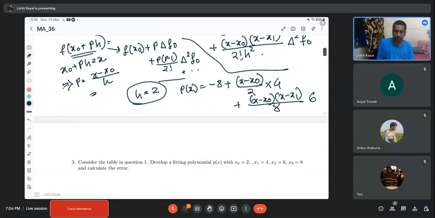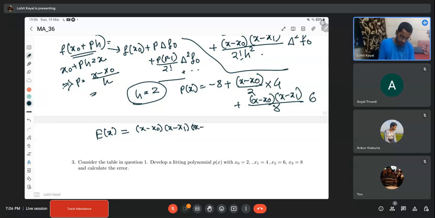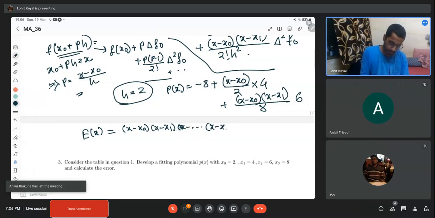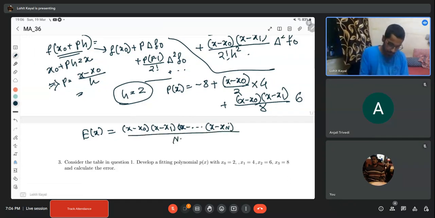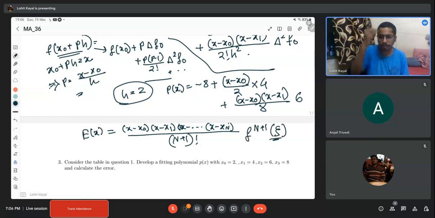Now we need to estimate the error. Suppose the error is E(x), and the expression for E(x) is (x minus x0)(x minus x1) and so on up to (x minus xn), divided by (n plus 1) factorial, times f to the power n plus 1 at psi, where psi is some intermediate point.